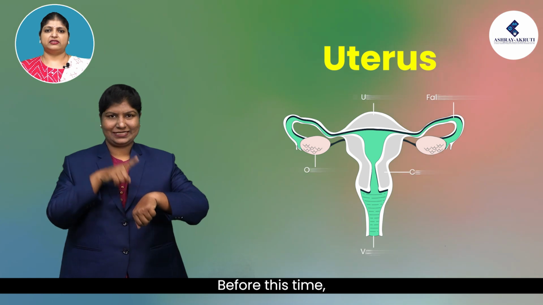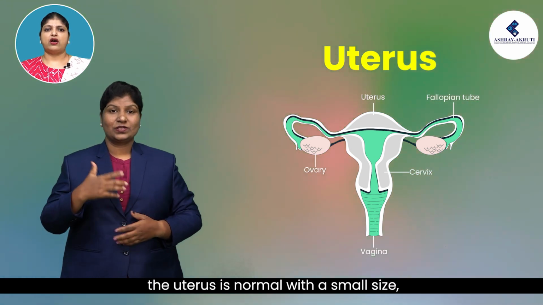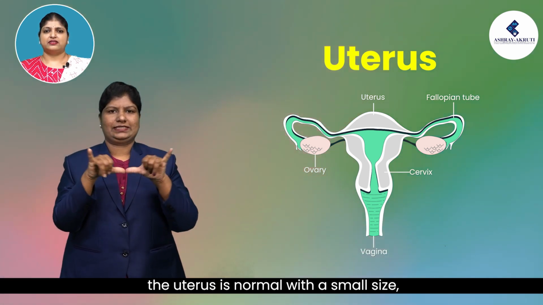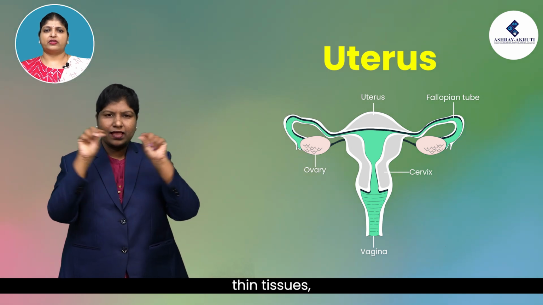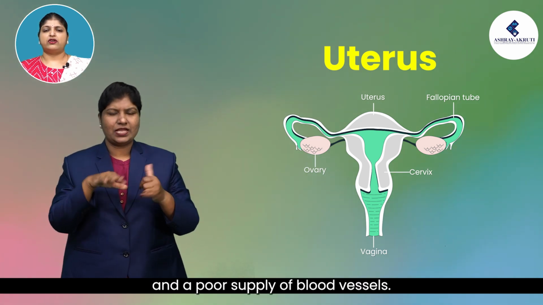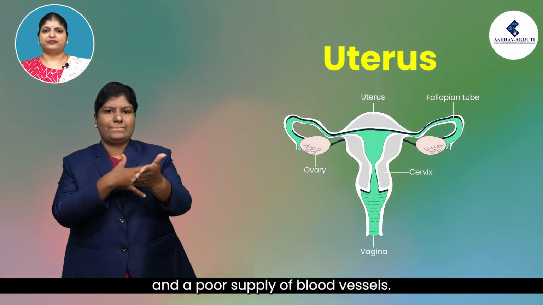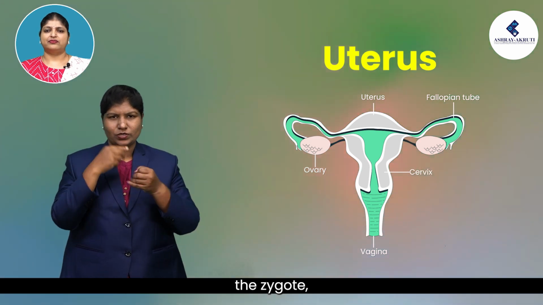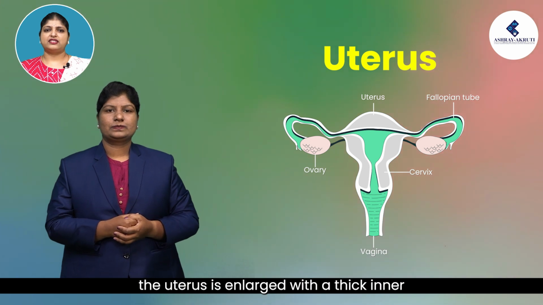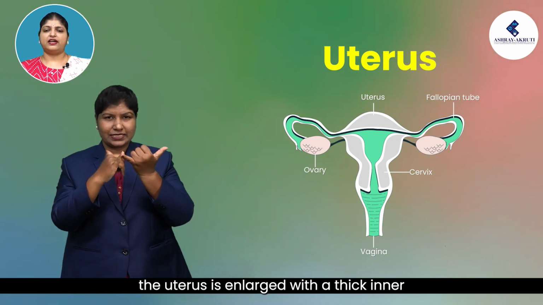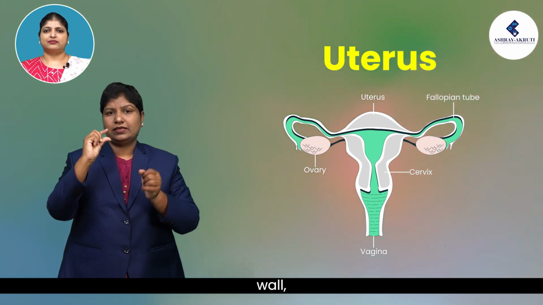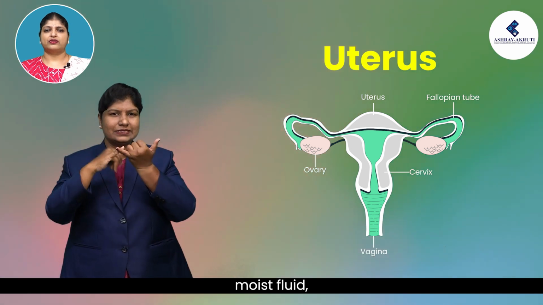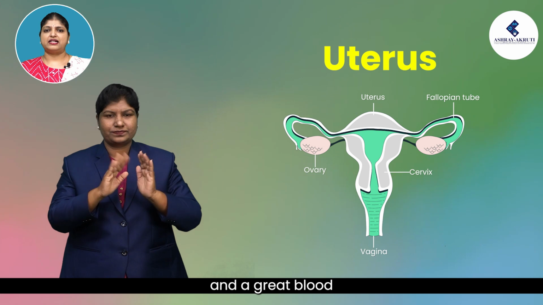Before this time, the uterus is normal with a small size, thin tissues and a poor supply of blood vessels. On receiving the zygote, the uterus is enlarged with a thick inner wall, moist fluid and a great blood supply.